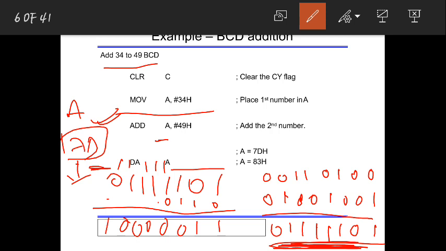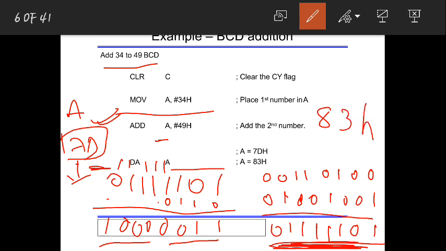I'm also not getting any carry out of the 7th bit, so in the PSW register my carry flag will be reset. The result I got is 1000, that means this is 8, and 0011, that means this is 3.